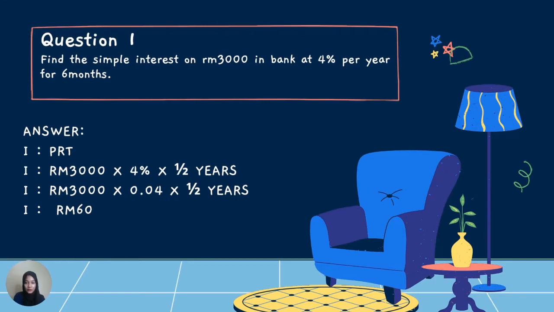In this case, you need to make it 1/2 year. So simple interest equals 3,000 times 0.04 times 1/2 year, and putting it in the calculation, you get RM60 for simple interest.